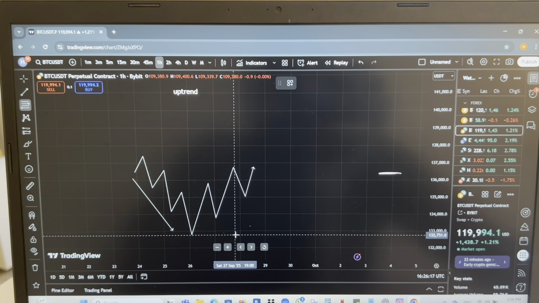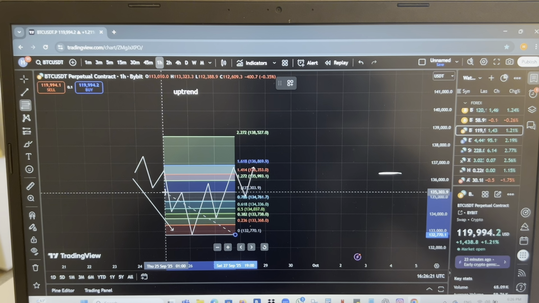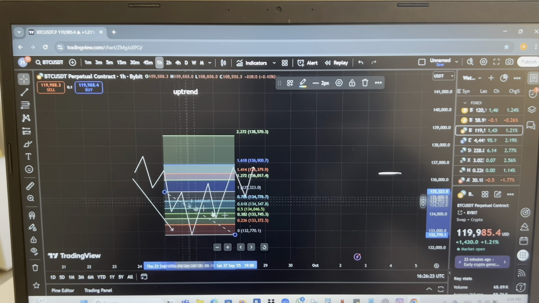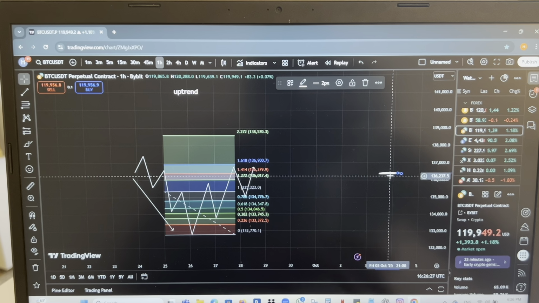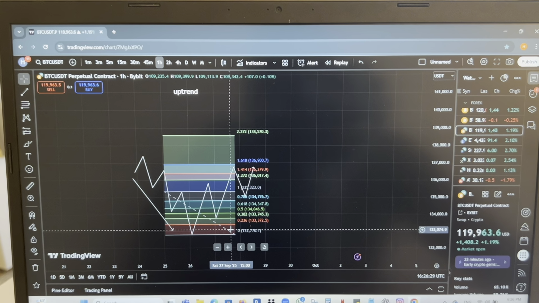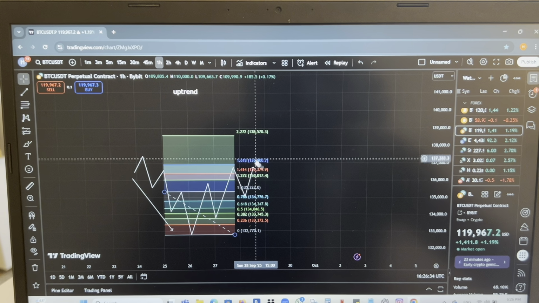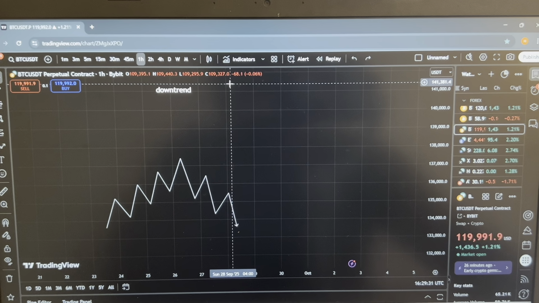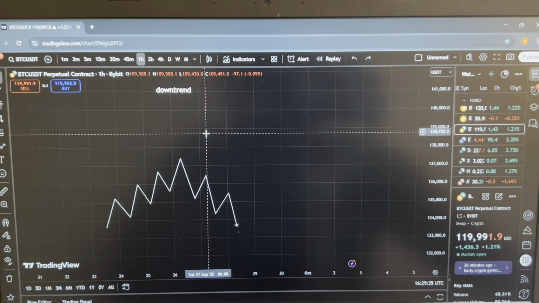So like I said before, we have to use the zero level here and the number one level here, and that's how you identify how long the uptrend is going to stay valid, how long it's going to go up for. And after that, we have to talk about the downtrend scenario.